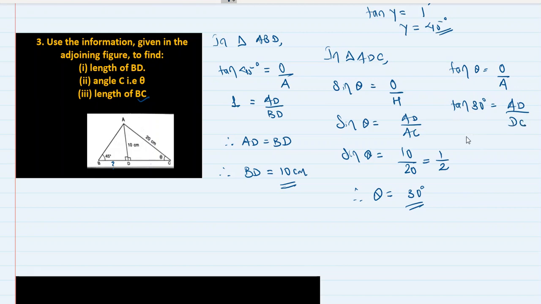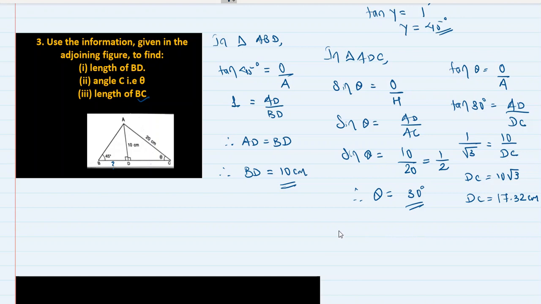Tan 30 is 1 by root 3, which is equal to AD, which is 10, upon DC, which is not known. So DC is equal to 10 root 3. So DC is equal to 10 times 1.732, that is 17.32 centimeter.